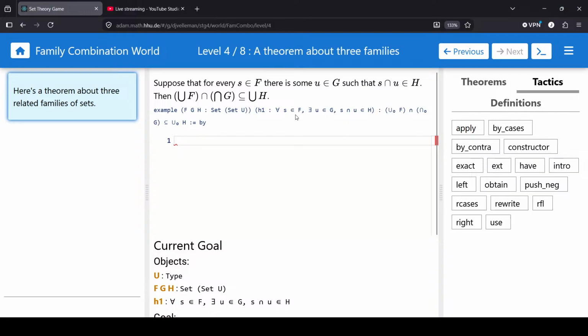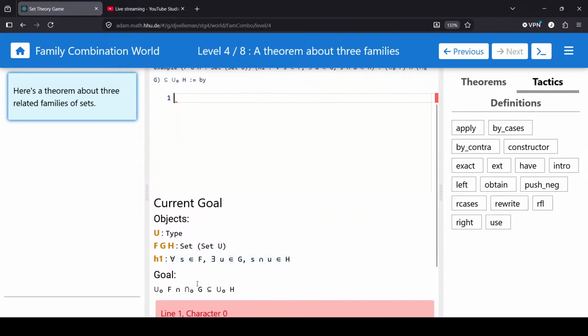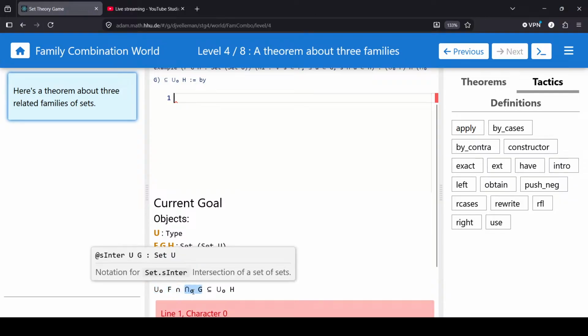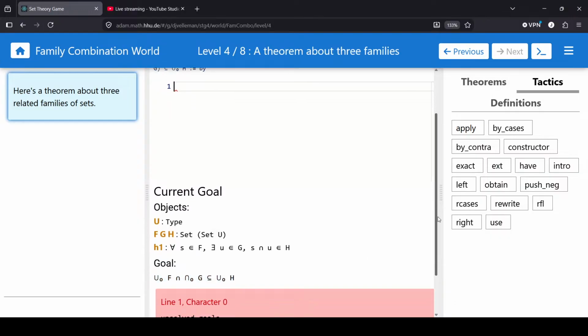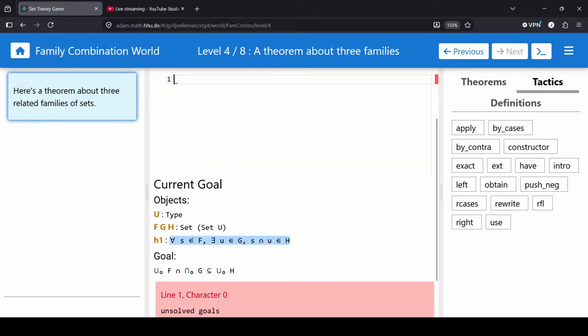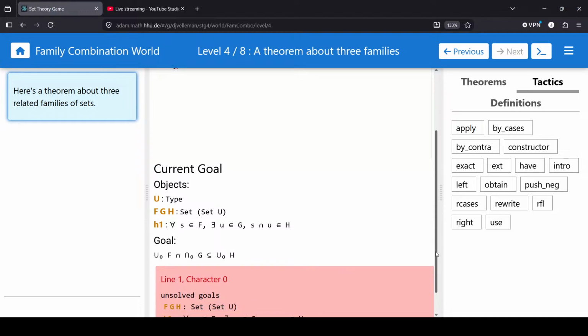Okay. So what do we have here? It's union and then intersection, a subset of this. I got a nice big for all, and that has an existential in it.